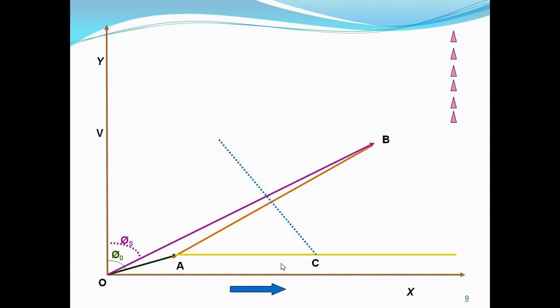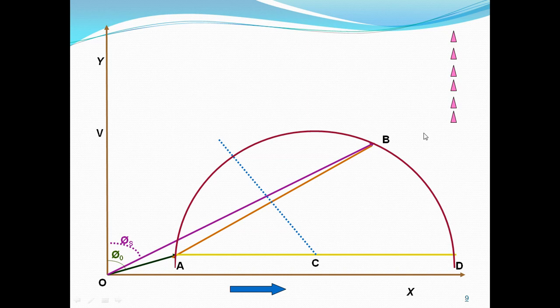What is AD? AD is a line we draw from point A, parallel to OX. Parallel to OX, we draw a line starting from A. Now with C as center and radius AC, draw a semicircle which passes through point B, and we get the semicircle ABD.